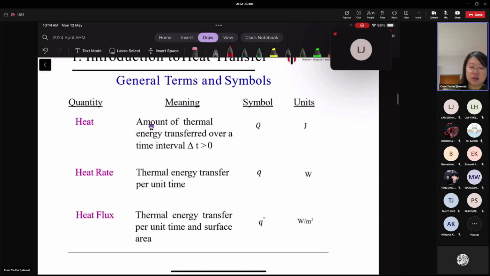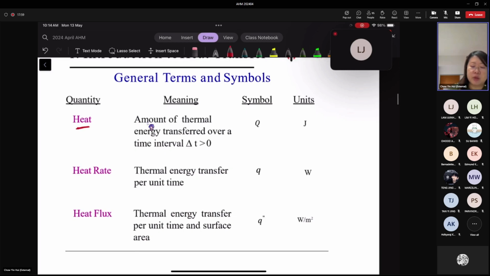For this module, the symbol that we are going to use when we talk about heat is the capital letter Q, in kilojoule or joule. If it's the rate of heat transfer, for this module they are using the small q. Last time we used to use the one with an over dot.